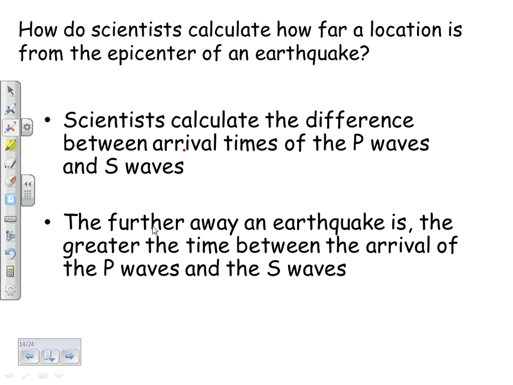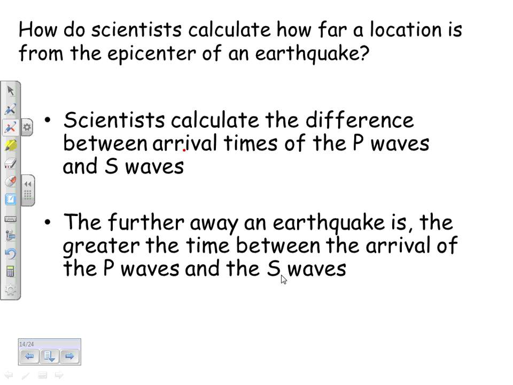Okay, so one rule as far as being able to do this is the further away an earthquake is from a seismograph station, the greater the time is going to be between the arrival of the P waves and the S waves. Remember, the P waves are the fastest and get to a seismograph station first.